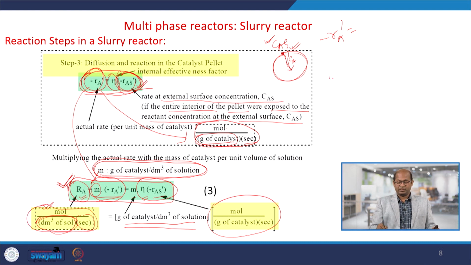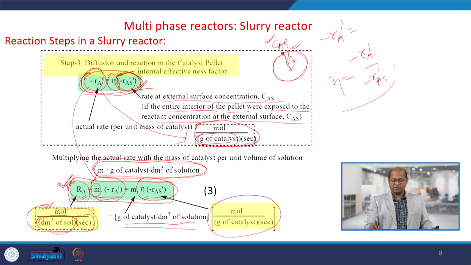Eta is dimensionless, it is the ratio of the rates, minus R A prime by minus R A S prime. So it is the ratio of rates. Its maximum value may be one for a particular system, or maybe more than that, which we will discuss later.